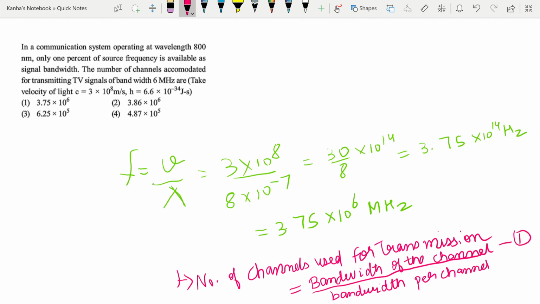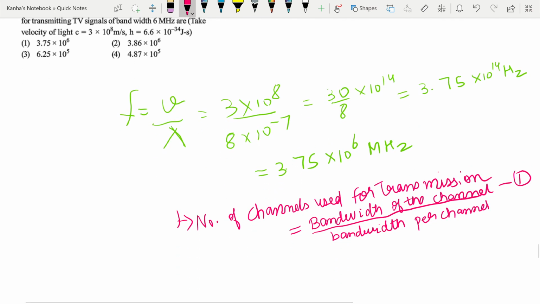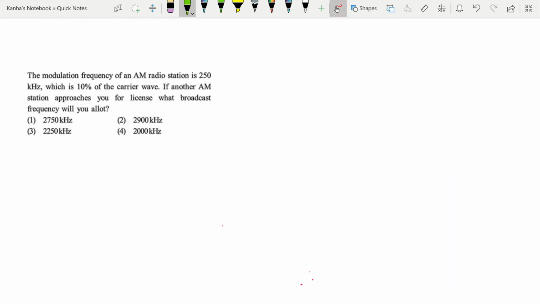This is fairly easy to see. If you apply this concept, then you get the value as 3.75 into 10 to the power 6 divided by 6, nothing but 6.25 into 10 to the power 5, which is your answer number C.